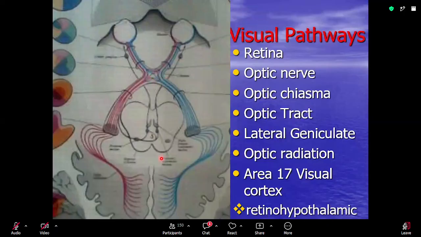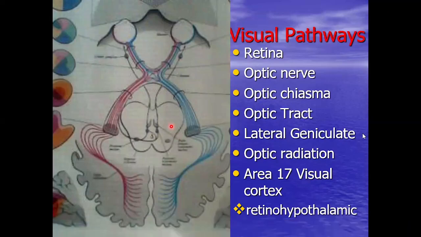And they end up in the superior colliculus. We talked about the superior colliculus in the midbrain. These fibers that leave the optic nerve to the superior colliculi are important in reflex activity associated with vision.